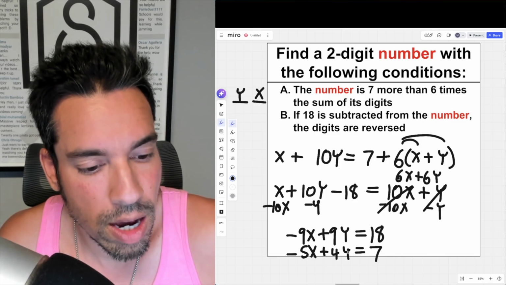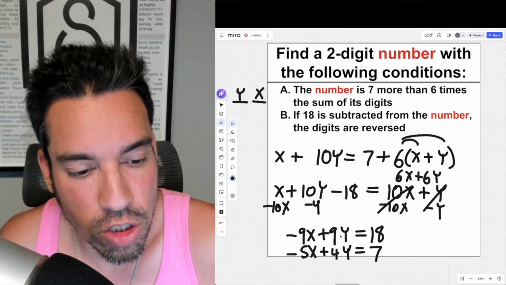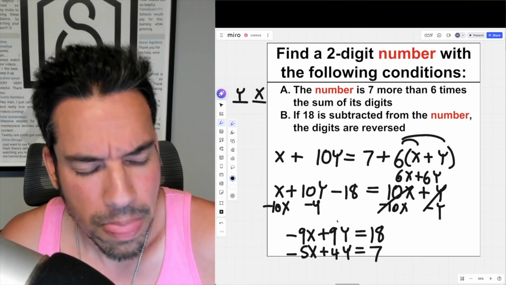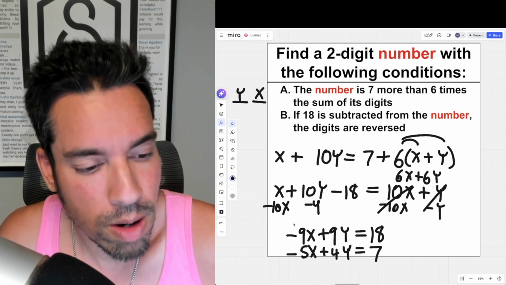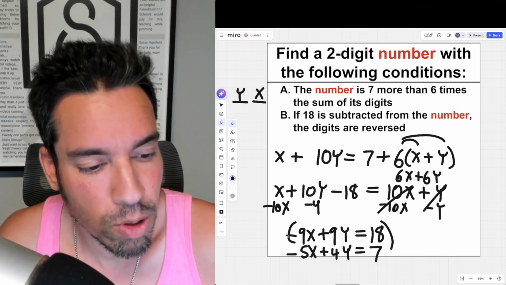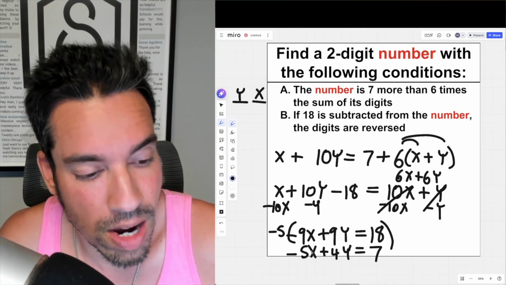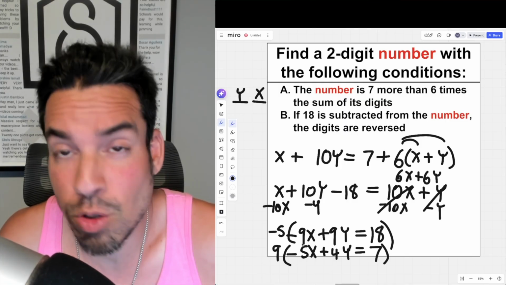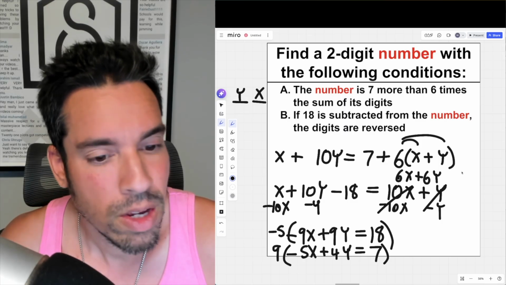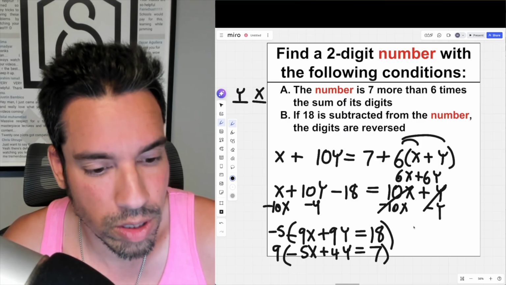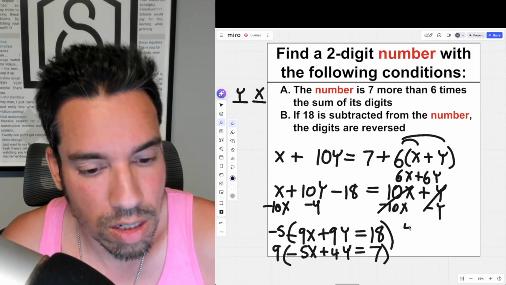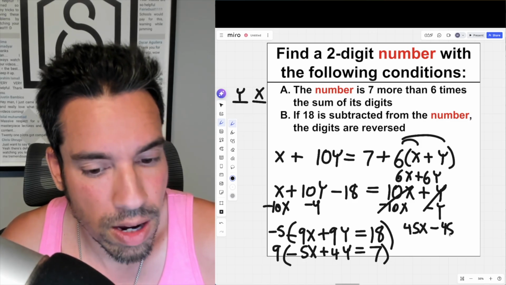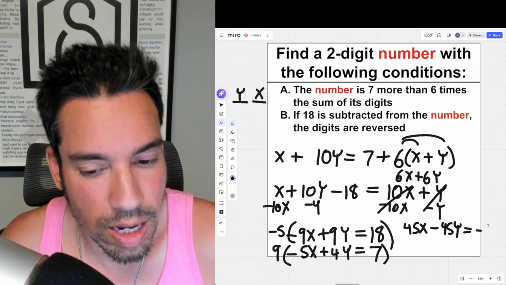Now, if you're familiar with systems of equations, we need to get these matching up, either the x or the y, so we can eliminate. Let's match up the x's just for fun. I'm going to multiply the top equation by negative 5, so I'm going to get positive 45x, and the bottom one by positive 9, so I get negative 45x. Now this top equation is going to be 45x minus 45y is equal to negative 90.